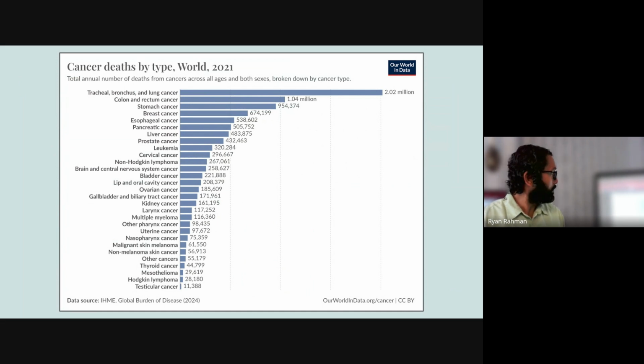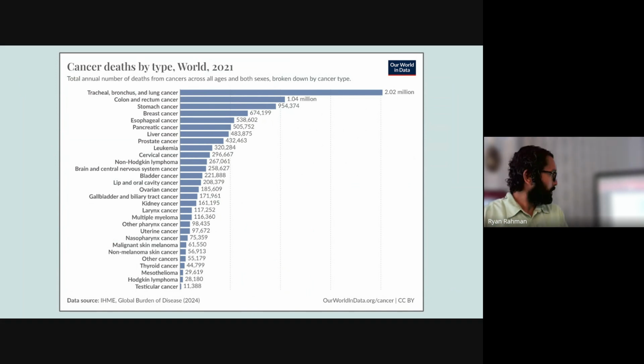Breast cancer is very high in the U.S. as well. Then esophageal, pancreatic, liver, prostate, leukemia. So again, just looking at how many deaths there are and what that proportion is, all the way down at the bottom, we see testicular. You can see that even melanoma is further down on that list.